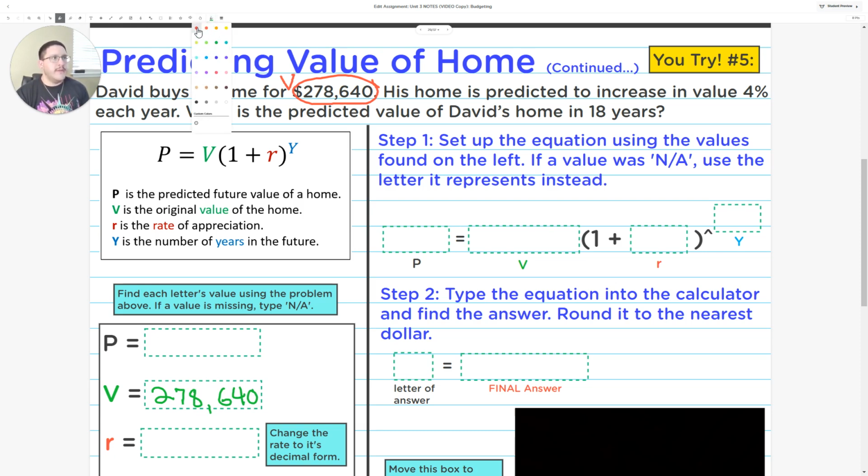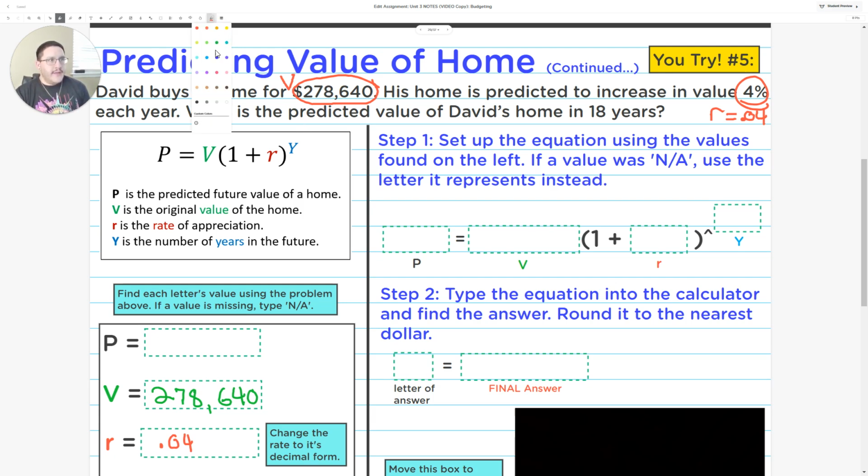It'll increase in value at 4% each year. This is the R value. However, as a decimal, it should be 0.04.